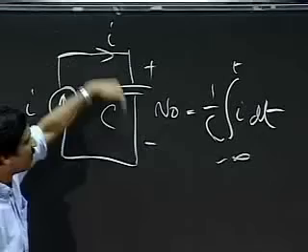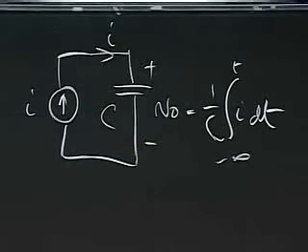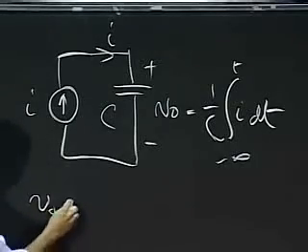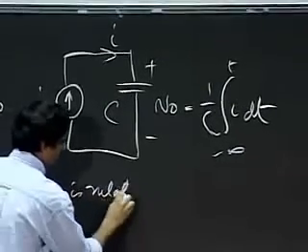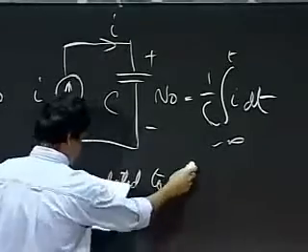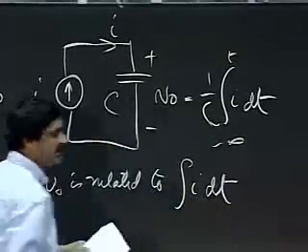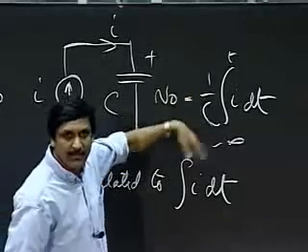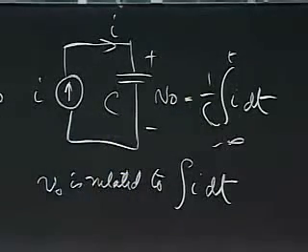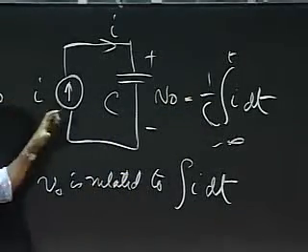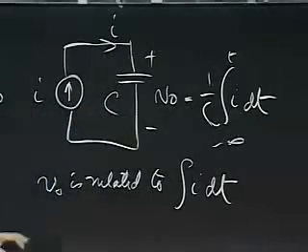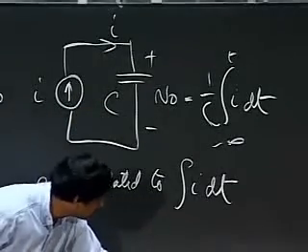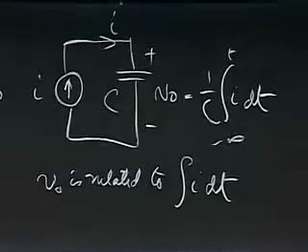So if I can pass the current through a capacitor, then the voltage across the capacitor is related to the integral of the current. I have some multiplying constants and so on, but fundamentally, V0 is related to the integral of I dt.